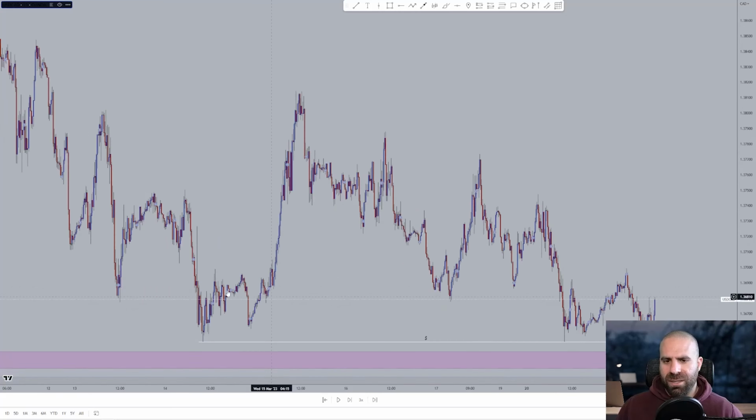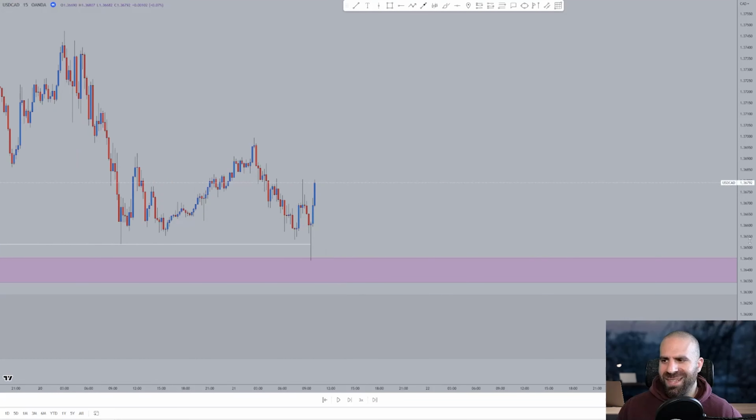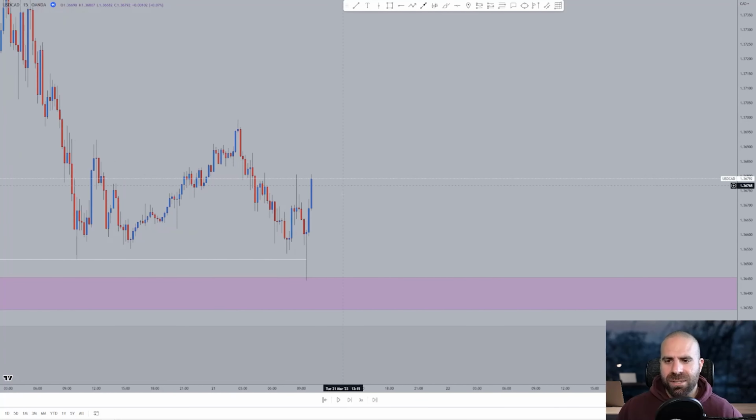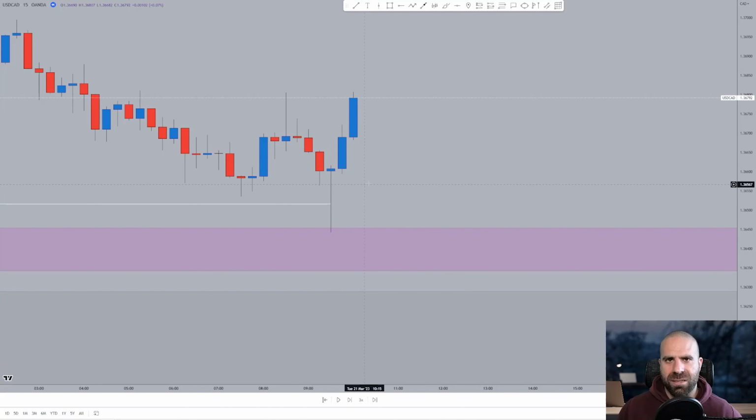This means that here we identified these equal lows right here, we scaled down to the 15-minute time frame, and this grab of liquidity that you see with this wick right here happened by this wick tapping into a point of interest of the 4-hour time frame, in this occasion this purple zone, which is the 4-hour fair value gap.